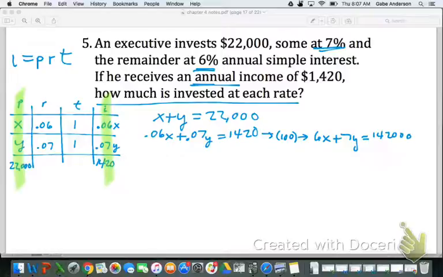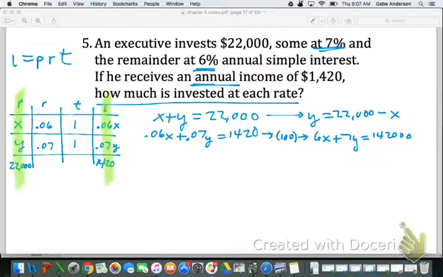I'll go with what you said since you said it first. So this one would become y equals 22,000 minus x. And then in the other equation, wherever I see a y, I can replace it with 22,000 minus x. So I encourage you guys to use that substitution method to try to solve this and get our x and our y. I'll give you guys a few minutes to do that.